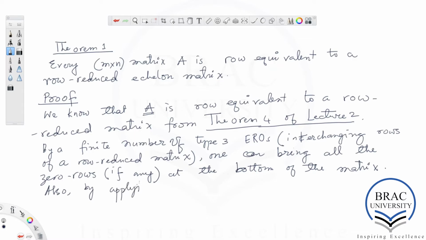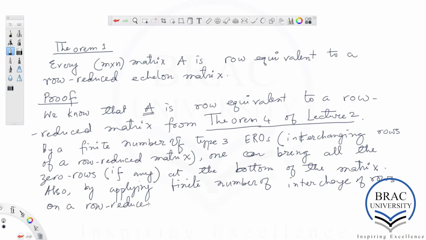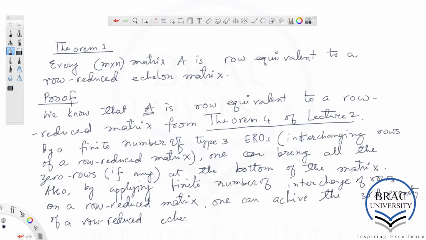Now also, by applying a finite number of interchanges of rows on a row reduced matrix, one can achieve the third property, property C, of a row reduced echelon matrix.